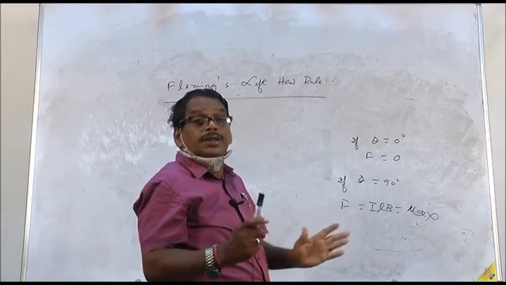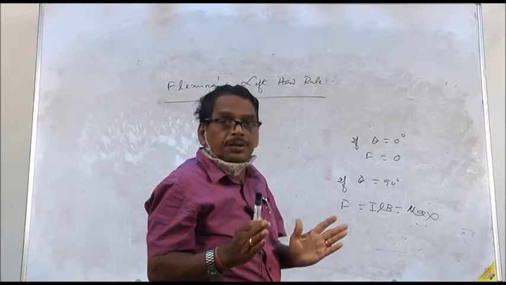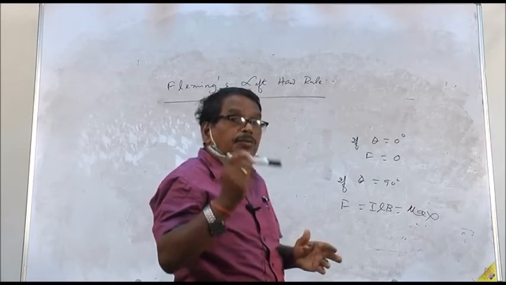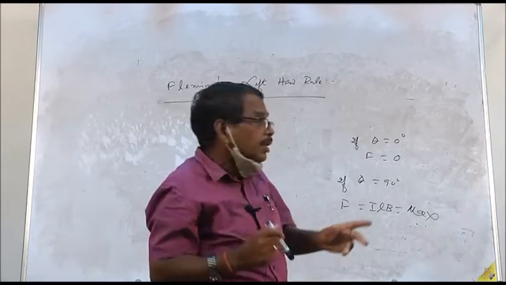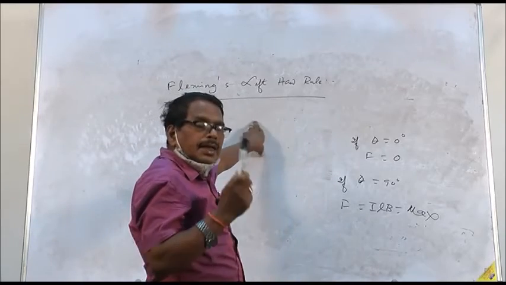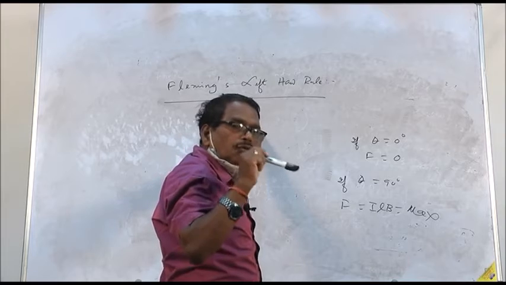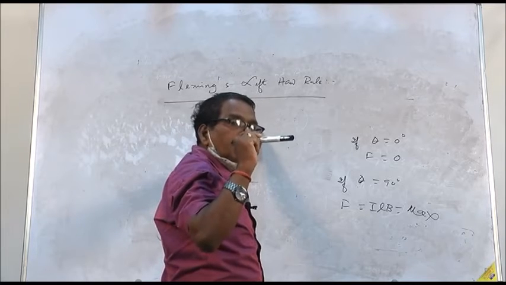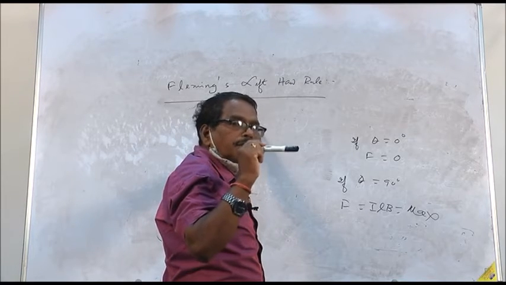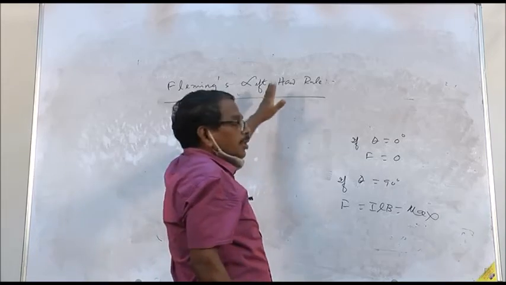That is the working principle of a motor. When you apply current to a fan and it moves, this rule is applied there. Fleming's left hand rule will be applied when electrical energy is converted to mechanical energy. So, the direction of force is given.